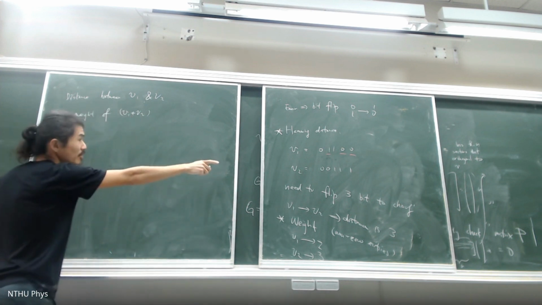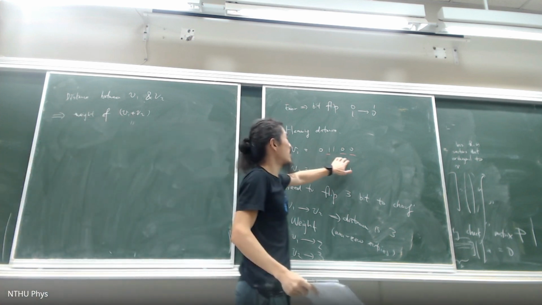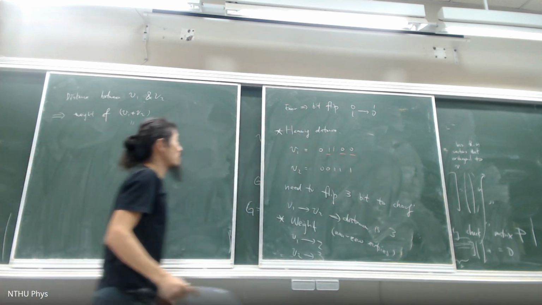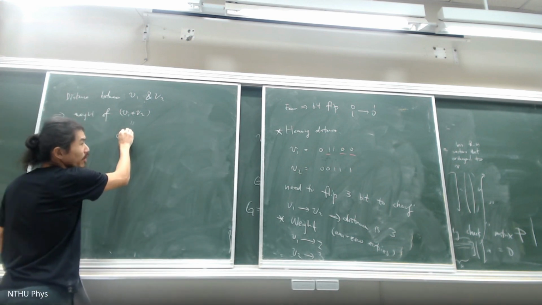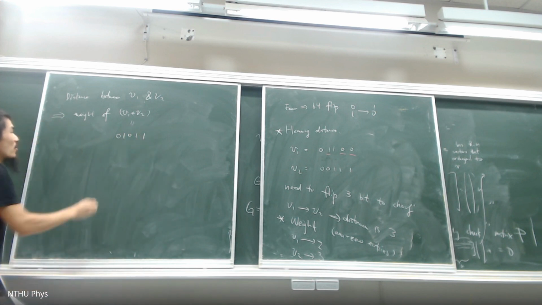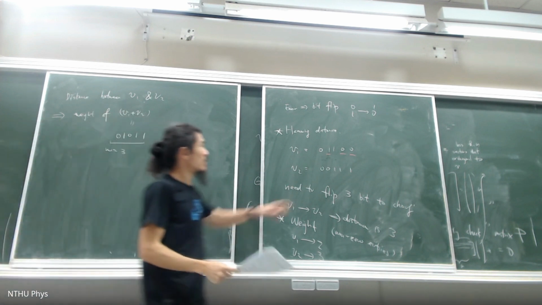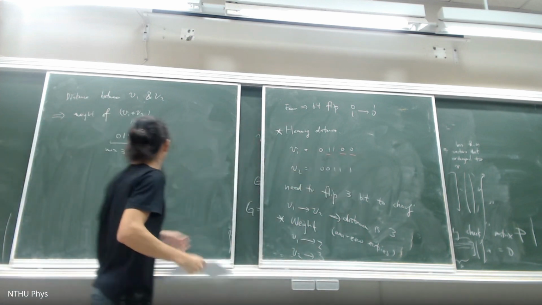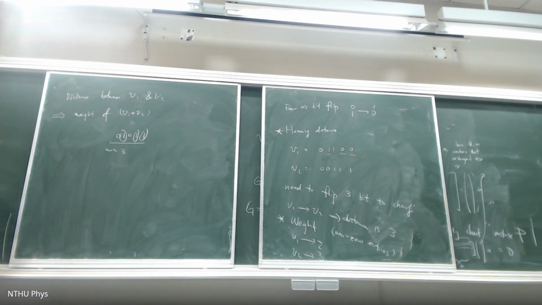Because V1 plus V2 will basically count how many differences there are between V1 and V2, right? So if you do this algebra, it will be 1, 0, 0, 1, 1, and the weight is 3, which corresponds to this 3. These are the locations of the 3 bits that I need to flip going from one to the other.